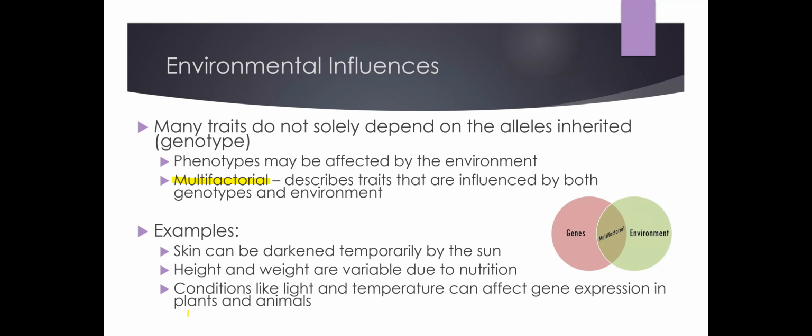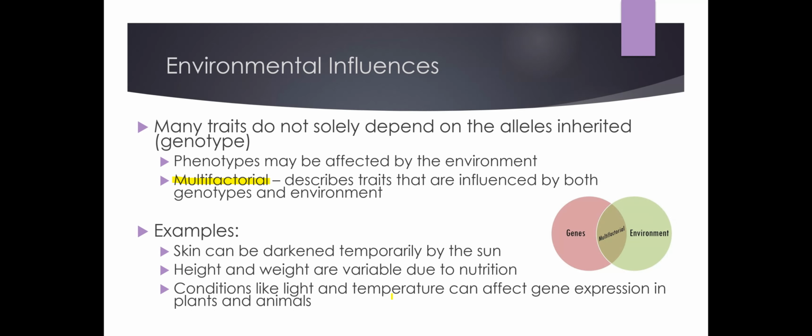Okay, height and weight are both examples of multifactorial traits. You know, genetically, I'm supposed to be a certain height, and genetically, I'm probably supposed to be a certain weight, but how I eat, my nutrition, as a child, if someone does not get proper nutrition, they will probably not reach their full height potential. Weight, diet, and exercise are big components to how much you weigh.